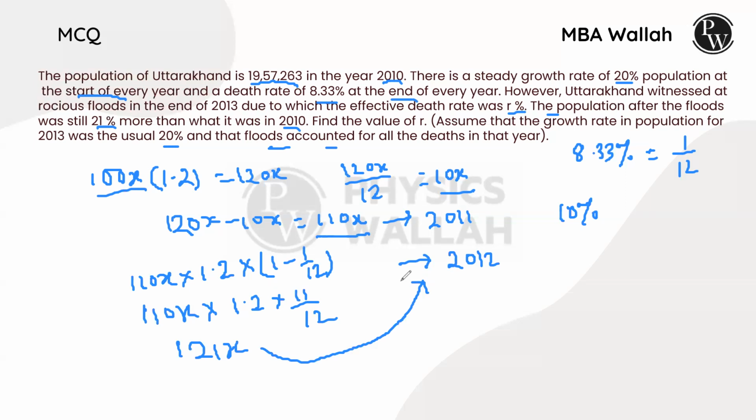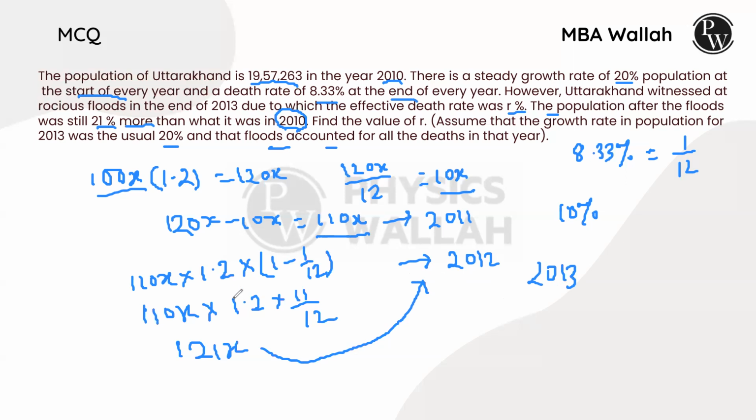Now, what happened is, after 2012, when 2013 started, there was a flood. And because of that flood, the death rate spiked. And after 2013, the population is 21% more than the population that Uttarakhand had in 2010.